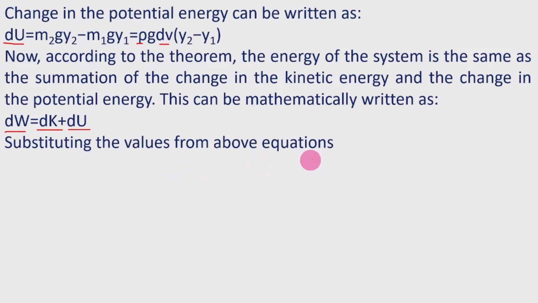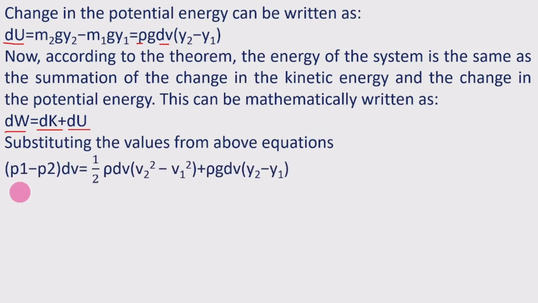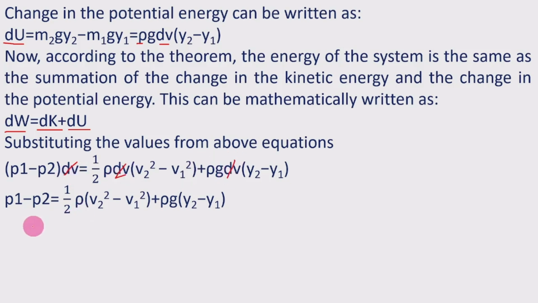Substituting the values from the above equations, (P1 minus P2) dV is dW, and dK is half rho dV (V2 square minus V1 square), plus dU equal to rho g dV (Y2 minus Y1). Now dV gets cancelled from all three terms, and the equation can be written as P1 minus P2 equal to half rho (V2 square minus V1 square) plus rho g (Y2 minus Y1).